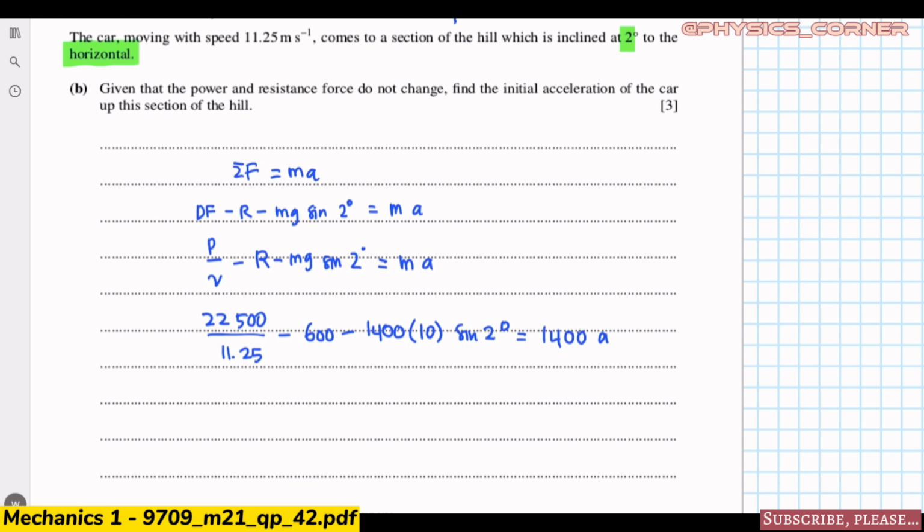We get the answer for B: about 0.65 meters per second squared, the initial acceleration. Okay, I hope you understand this explanation.